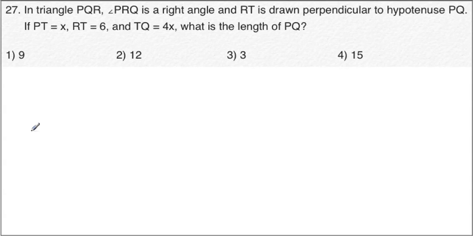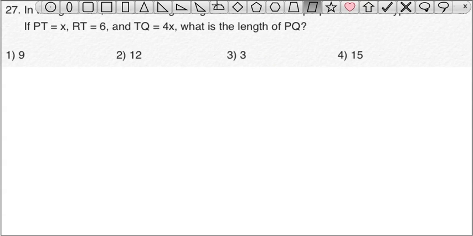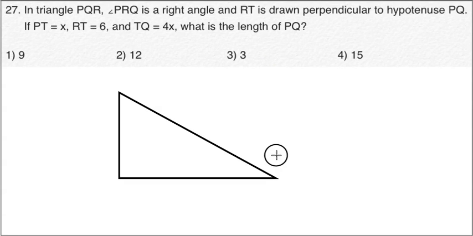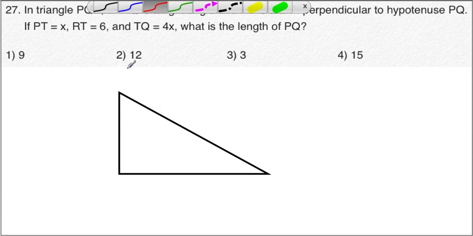So, in triangle PQR, PRQ is a right angle. Now, then let me try to draw a right triangle first for you. So here, R is the right angle, and RT is drawn perpendicular to hypotenuse PQ.